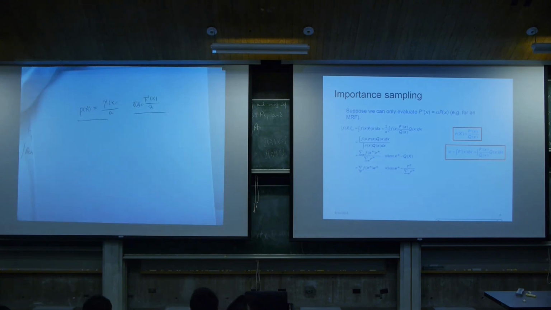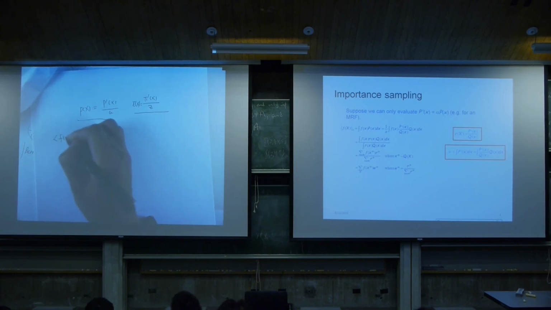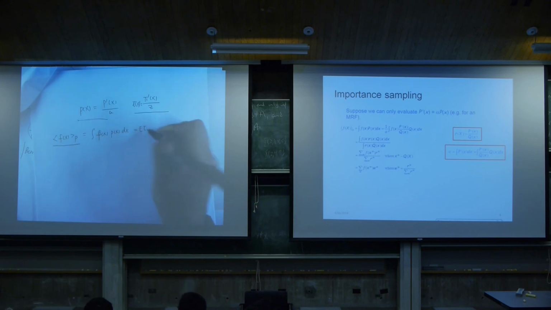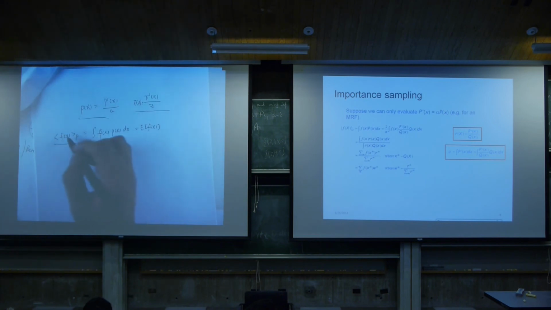So we still want to generate samples from Px, and we are going to use the samples from Px to compute the expectation of our function defined over x. This means the expectation of fx defined over the probability Px. This is the integral of fx Px dx, which is the expectation of fx. We want to compute this.